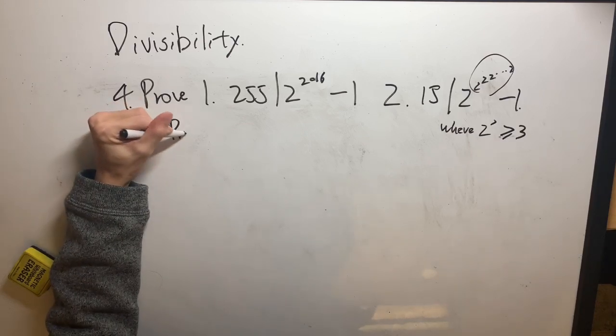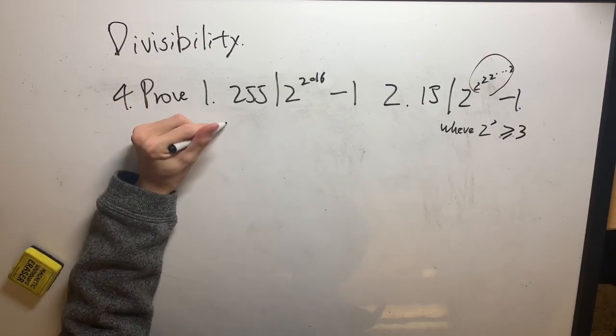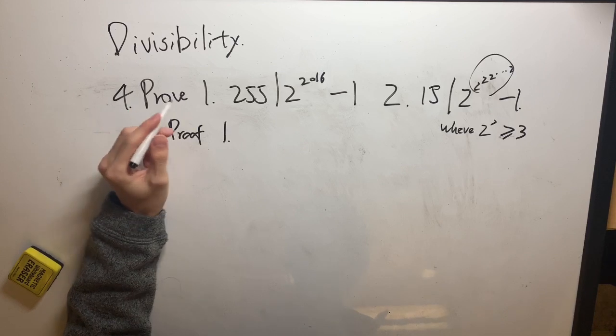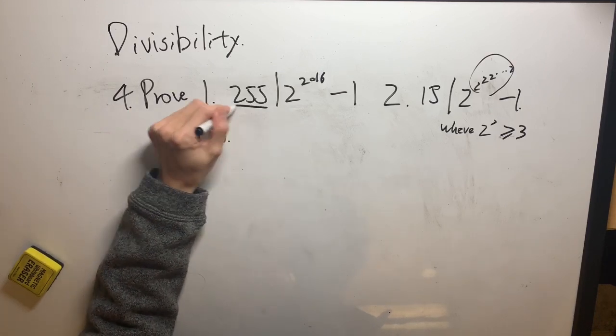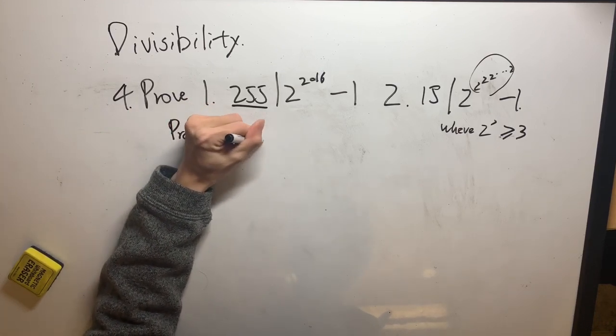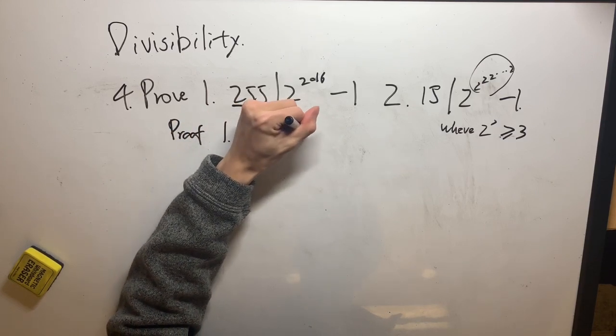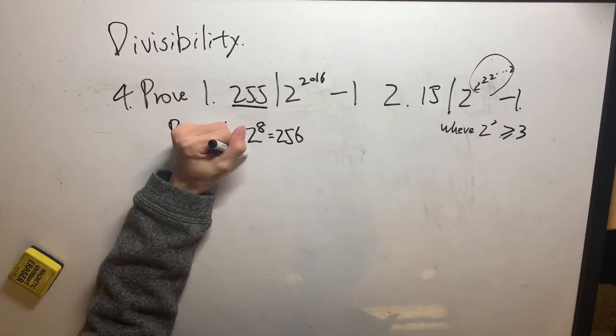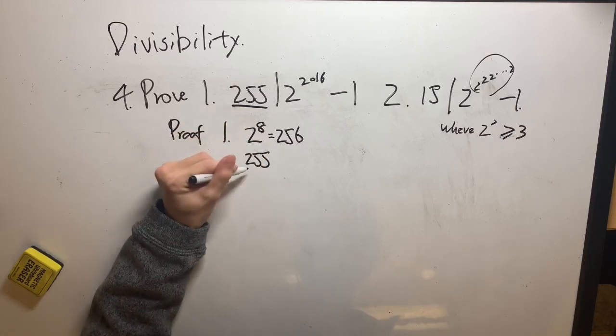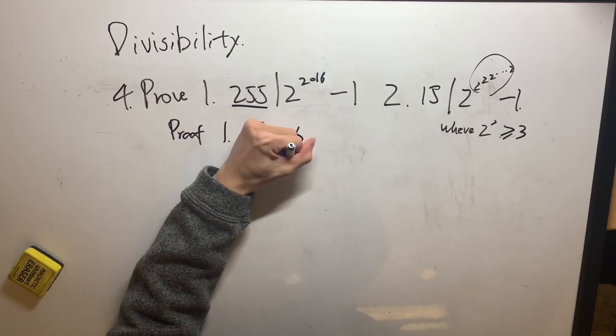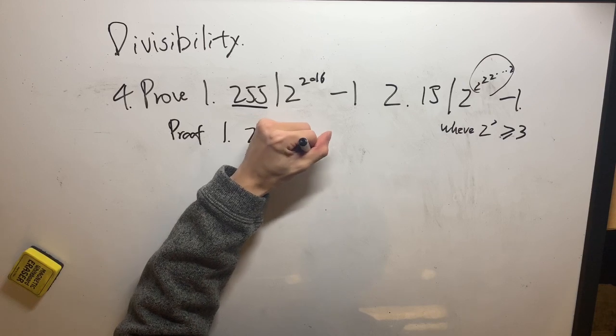Proof. First, you can see that 255 is 2 to the 8th, which is 256, minus 1. So you can change this number to 2 to the 8th minus 1.